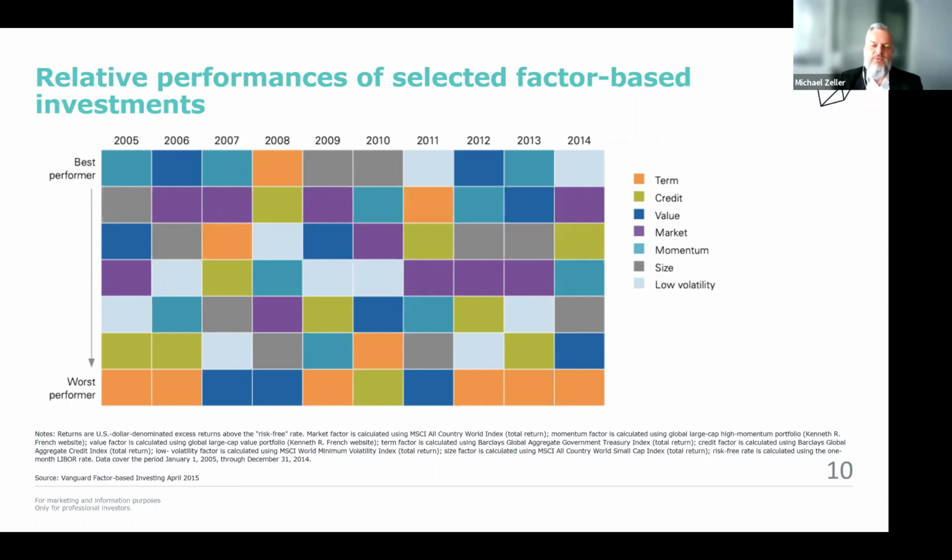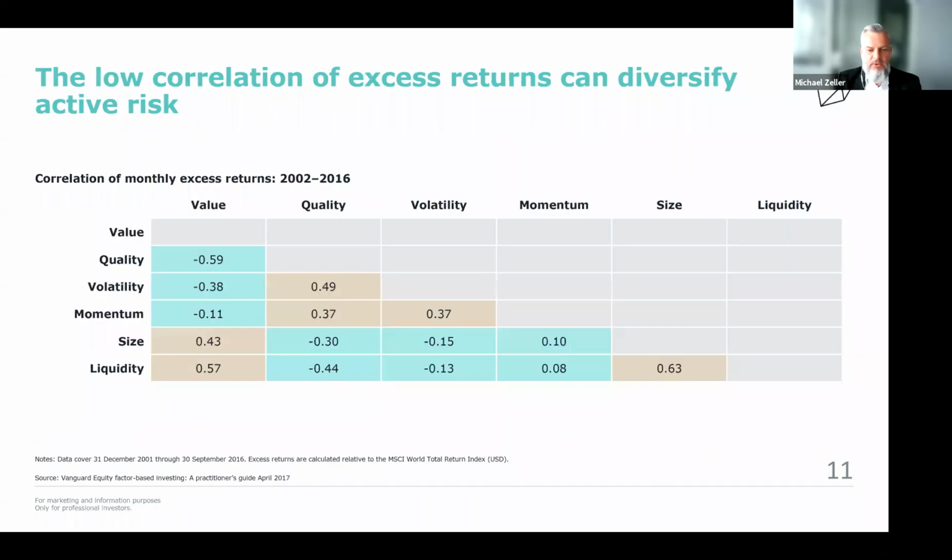That means, of course, that you can add some alpha just by selecting the right factor for the coming future. So on the next slide, we will show what I already talked about, that it is very important that we have low correlations of the factors against each other, because only then can we really diversify the active risk.